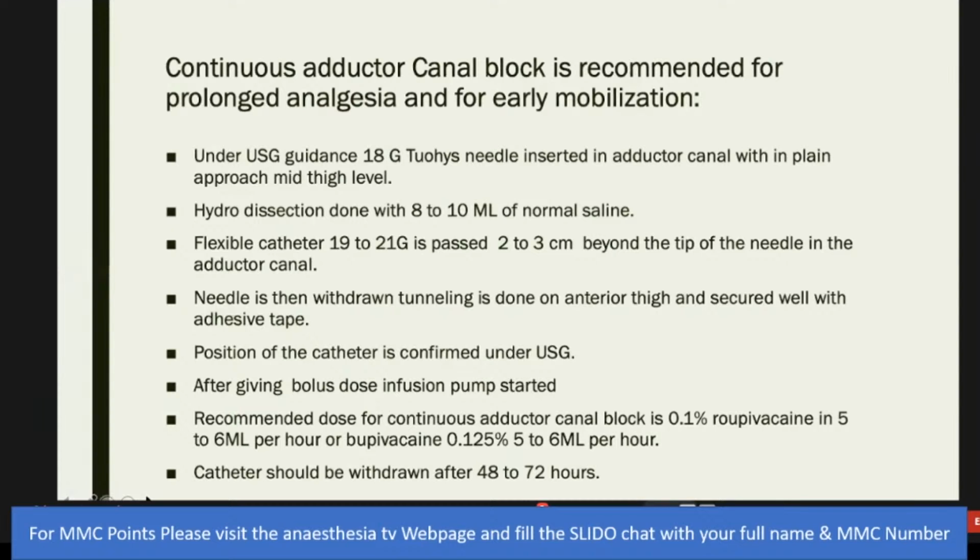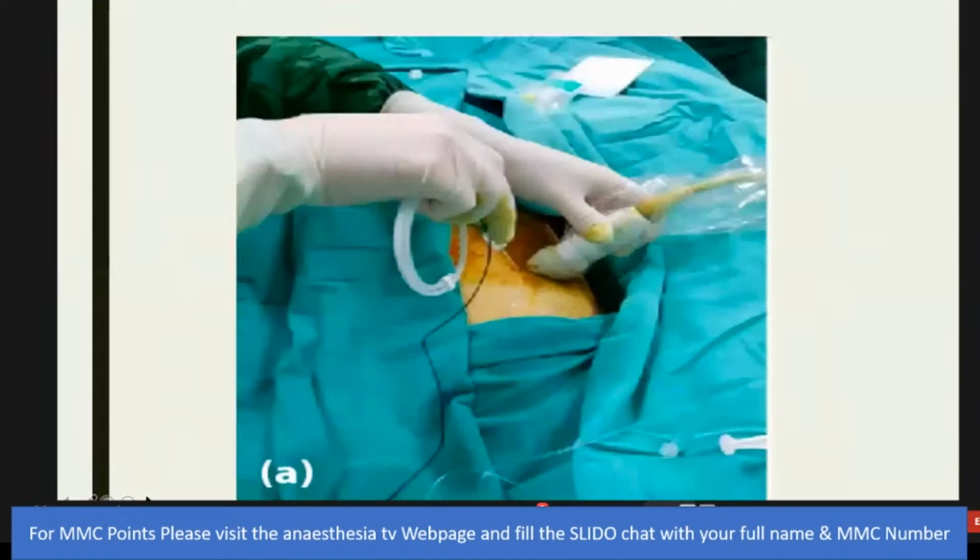The catheter should be withdrawn after 48 to 72 hours. This is a picture showing catheterization in the adductor canal for continuous adductor canal block.